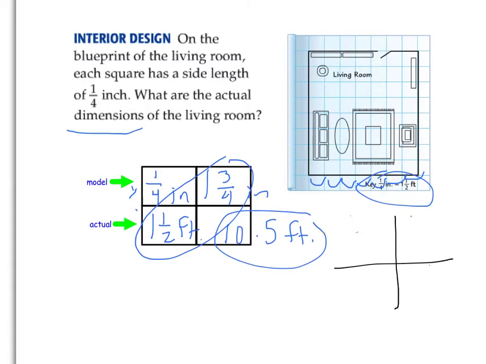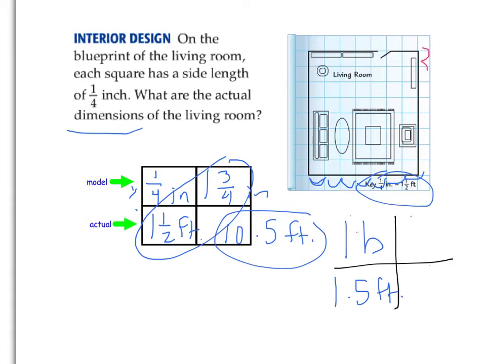We could say each box is equal to 1.5 feet. So I can say instead one box, so I'm labeling it differently, is equal to 1.5 feet. And maybe I'll even write that as 1.5 feet so it's easier to enter into my calculator. So now I'm going to do the other dimension. I'm going to count how many boxes this time instead of counting by 1/4 of an inch.